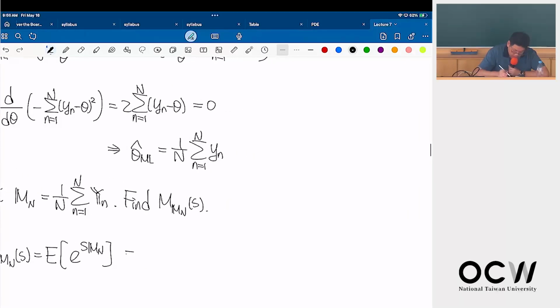And since the random variable is the average of y, we get e to the s 1 over n, y1 plus y2 to yn.